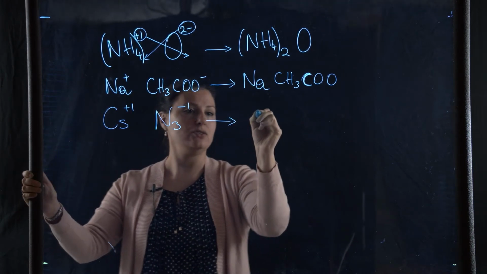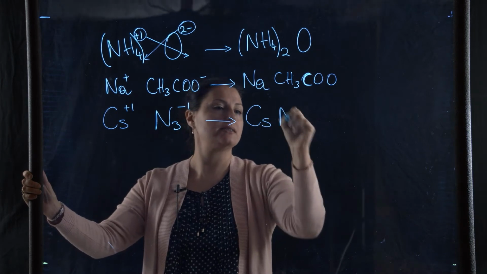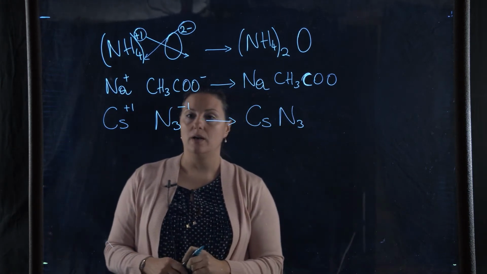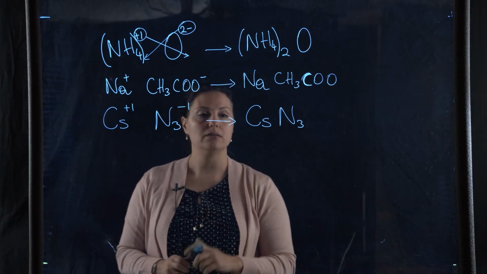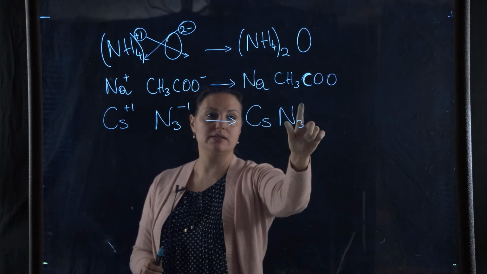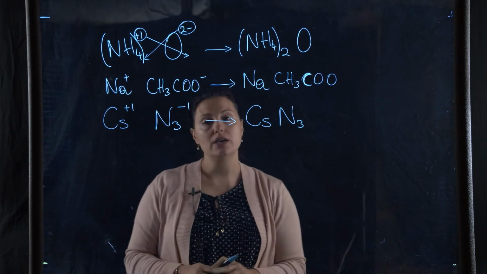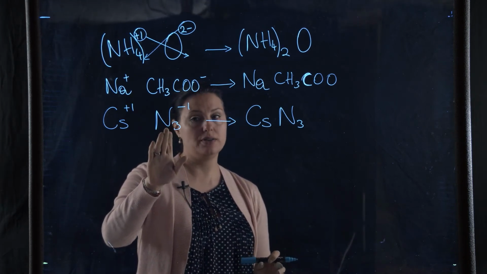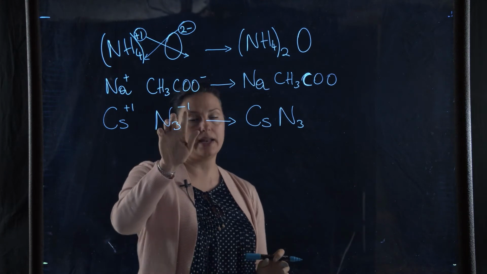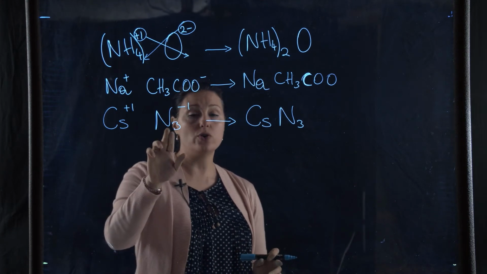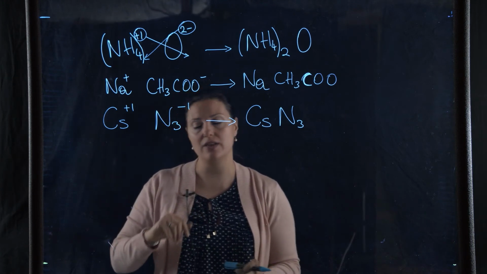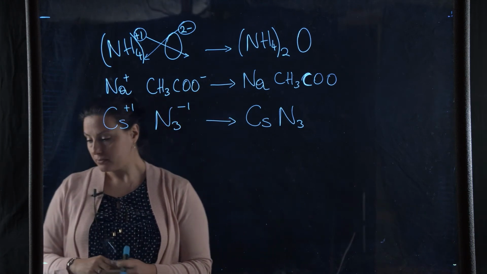So I can just write it as CsN3, and that would be correct because this is a +1, this is a -1, and they're equal. Don't confuse it with nitrogen. This is 3 nitrogens, and they have a -1 charge. If you just have 1 nitrogen, that has a -3 charge. So it's kind of the opposite here.